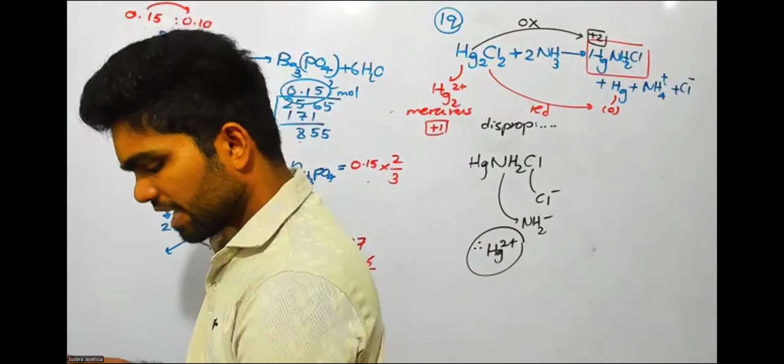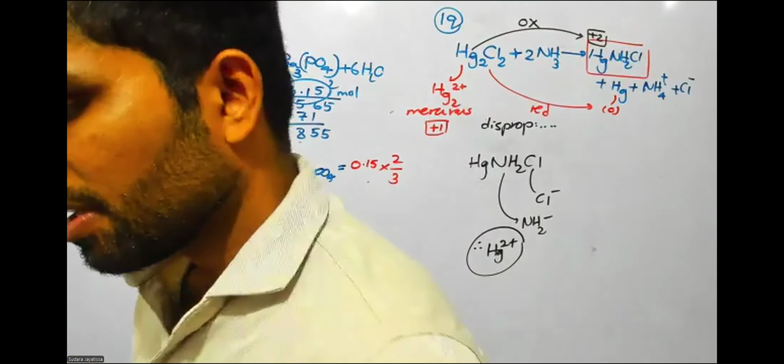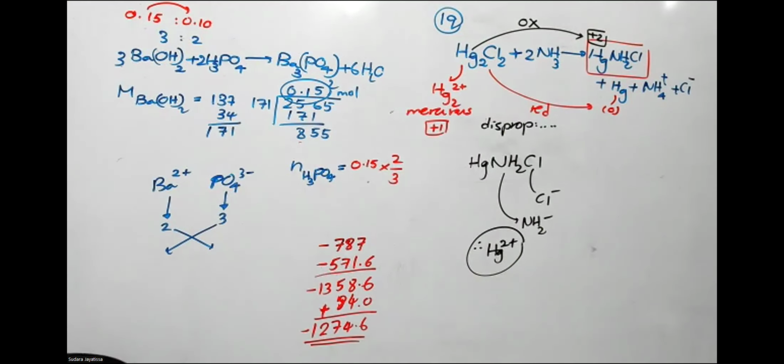Now, Cl minus has been oxidized is wrong. On both sides, chlorine has minus 1 oxidation state. Second one, some nitrogen atoms in NH3 have undergone oxidation. No, nothing has happened. In NH2 minus and NH3, nitrogen has the same oxidation number, -3.